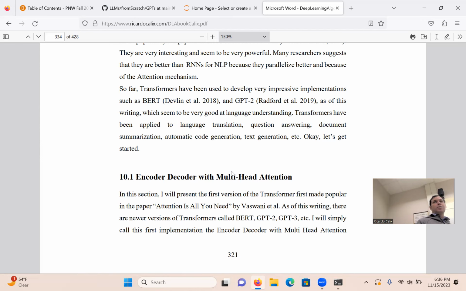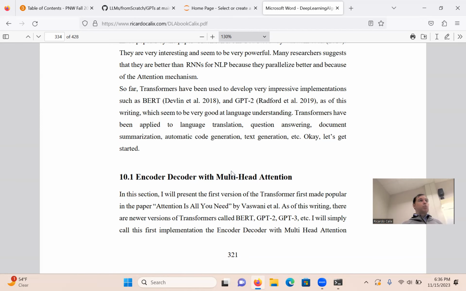The original transformer didn't even have a fancy name like BERT or GPT. They just called it the encoder-decoder with multi-head attention. I think even the creators didn't know how powerful what they had created was going to be. I honestly believe it. It was made by Google, I believe, so there's definitely that.